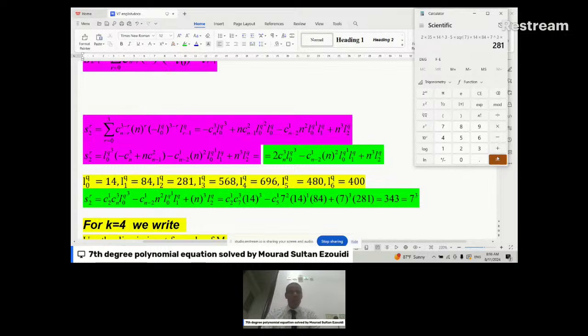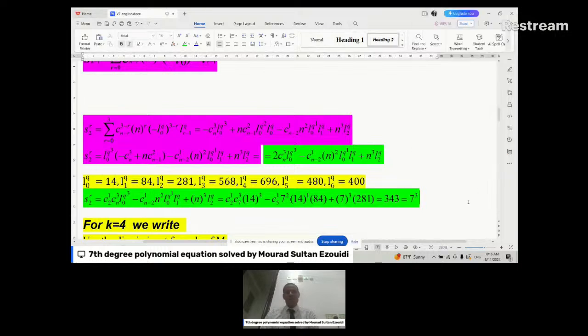So this one, learners, is equal to 343. I'm going to divide this by 7 cubed to check if it is a multiple of 7 or not. Yes, it's a multiple of 7, so it will be 1. So we told that S2 is equal to 7 cubed.